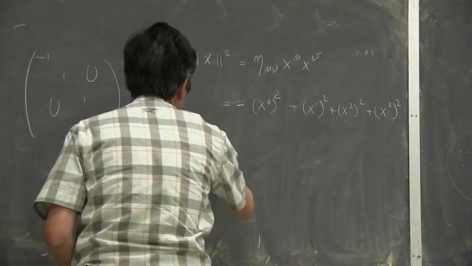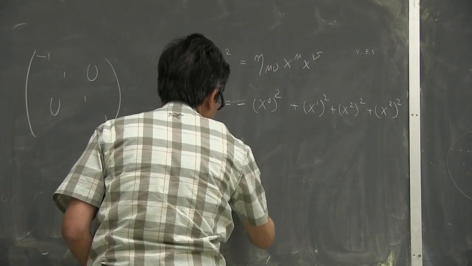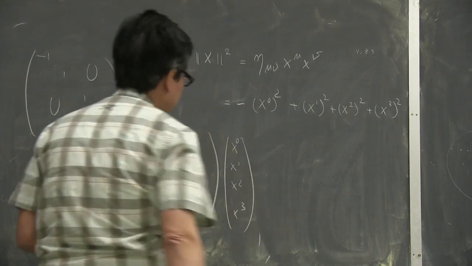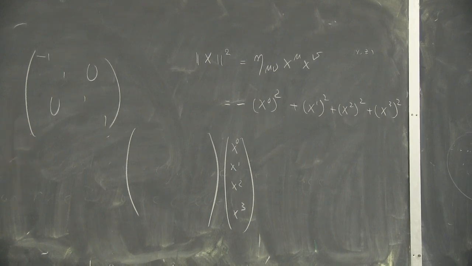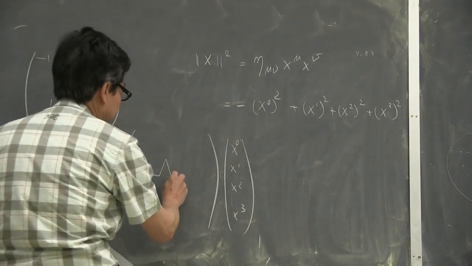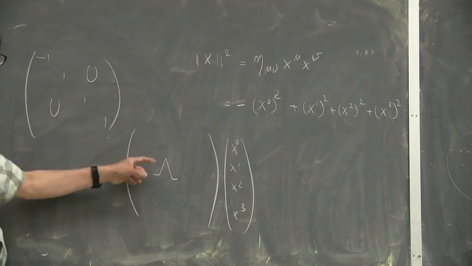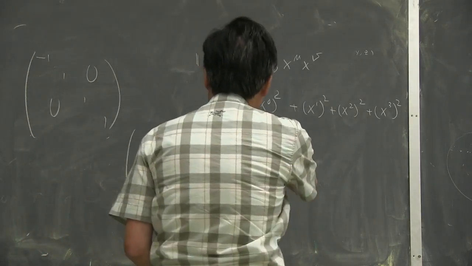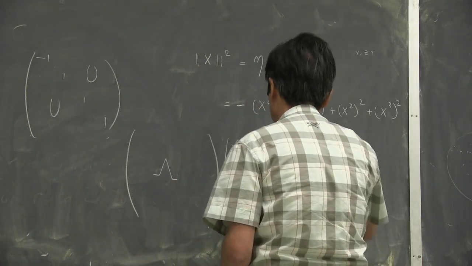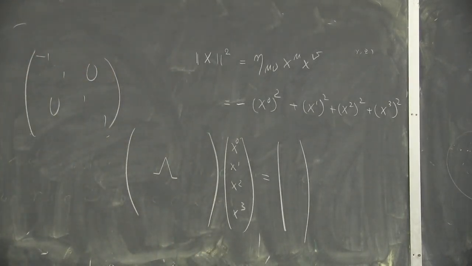Now, a rotation on some vector in Minkowski space whose components are x0, x1, x2, x3 has to be a 4x4 matrix, right? So let's say I apply some 4x4 matrix which I call big lambda, so it has components lambda 0,0, lambda 0,1, and so on and so forth, okay? And you multiply 4x4 by a 4x1, you end up with another vector, okay?